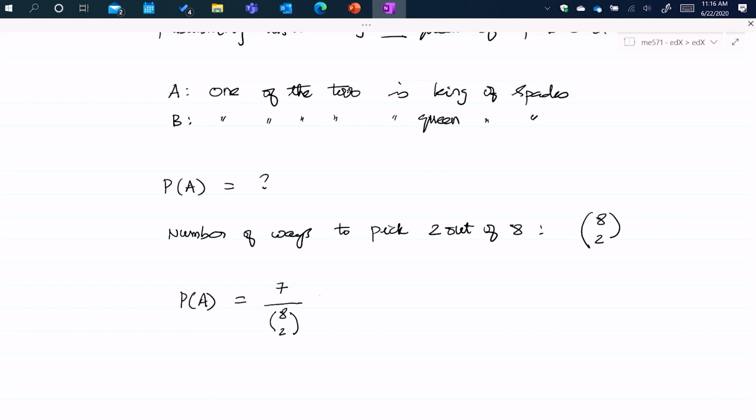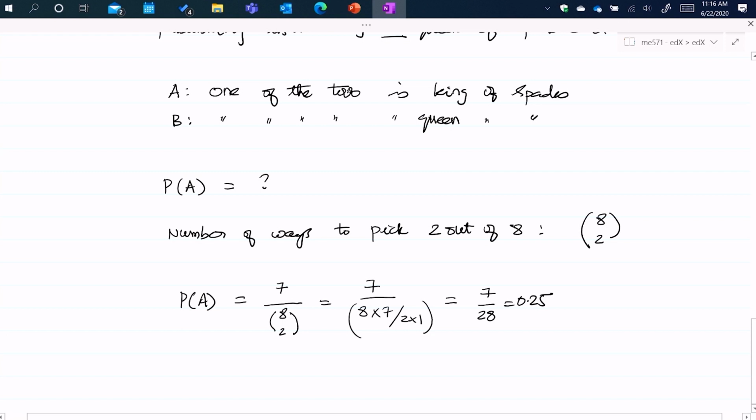That's basically 28, which is 8 times 7 divided by 2 times 1, using n factorial divided by n minus r factorial times r factorial. And so that is equal to 7 over 28. That's 0.25.